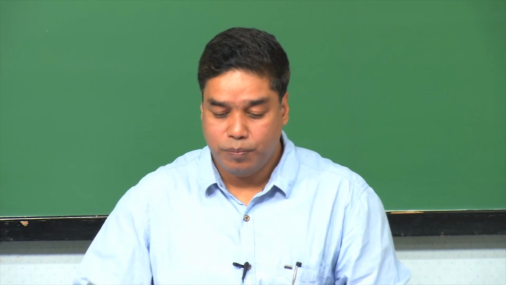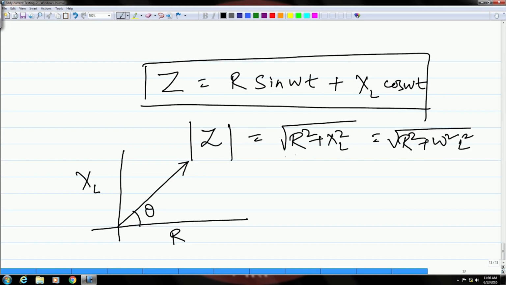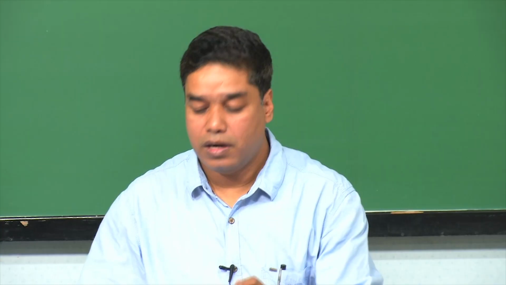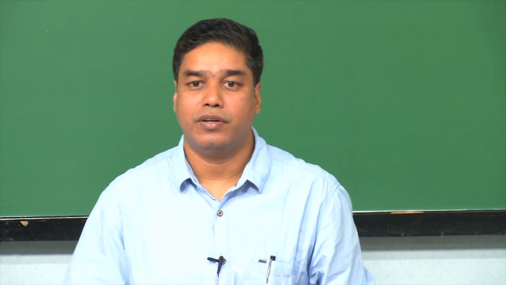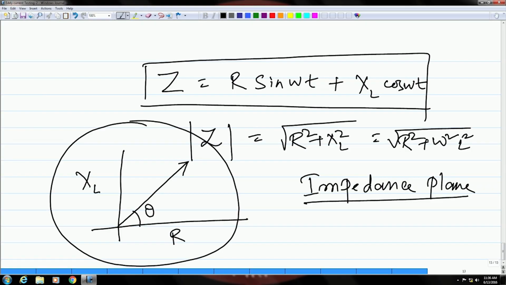Based upon this relationship and this particular plot, something called an impedance plane is constructed, and that is what is used for doing eddy current testing, as we are going to discuss right now. So, let us see how this impedance plane can be used to do eddy current testing.